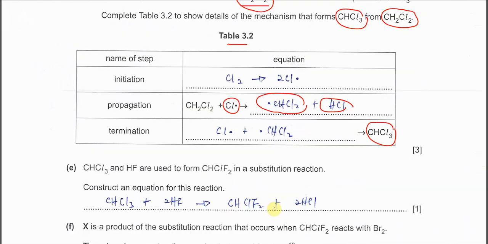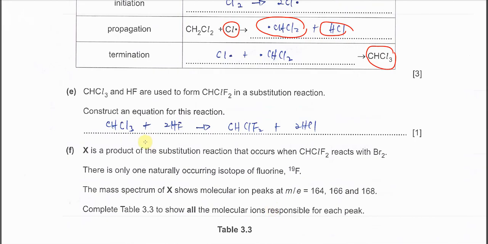Part E. CHCl3 and HF are used to form CHClF2 in a substitution reaction. Construct an equation for this. This is very easy. You just need to put the reactants, which are CHCl3 and HF.